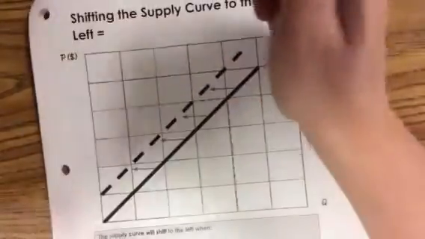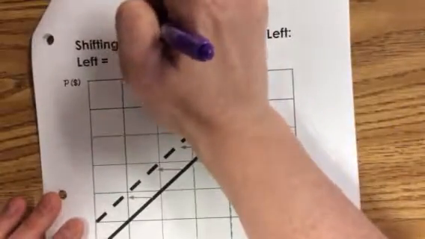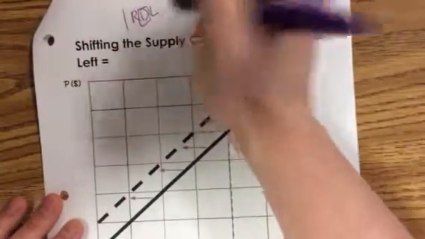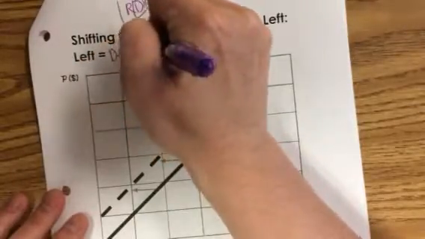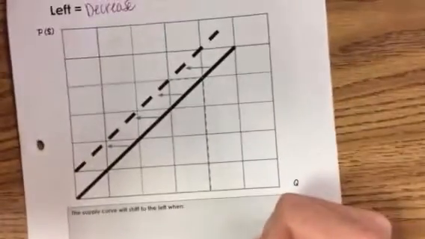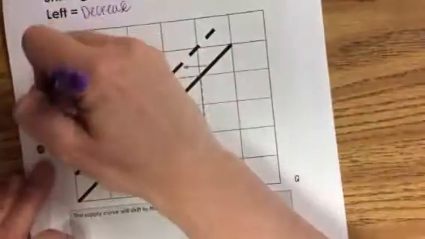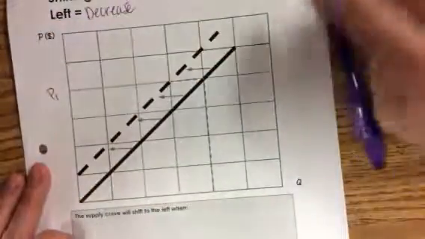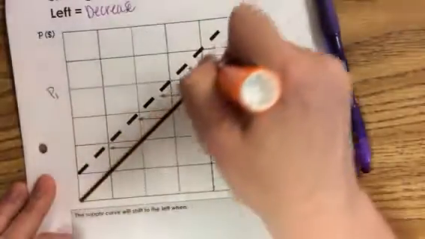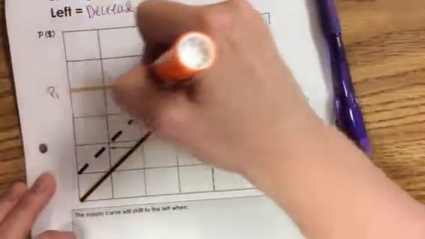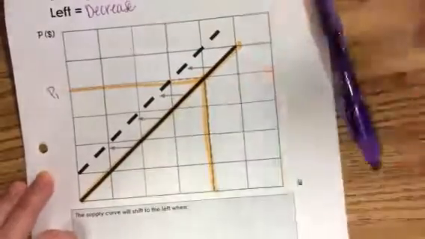All right, so let's then take a look at what happens when we shift to the left. So again, our buddy Ertl tells us that when we decrease, we shift to the left. So shifting to the left causes a decrease in the quantity supplied. If we keep the same price point, P1, and again, let's look at our initial curve. I'm going to highlight that in orange so you understand. Here's our initial curve. Here's P1, and here's Q1.